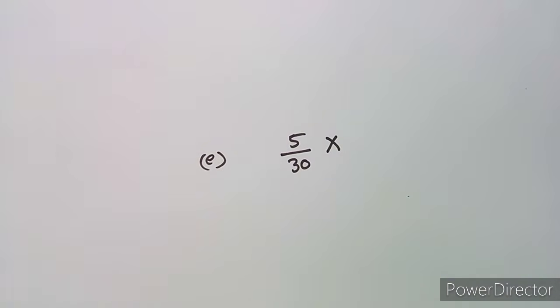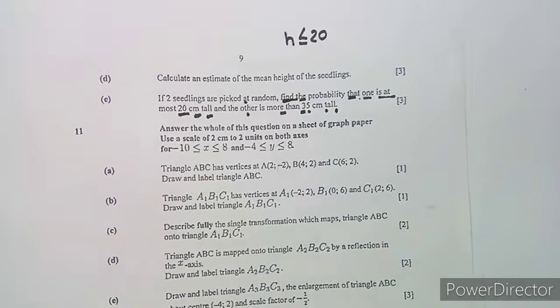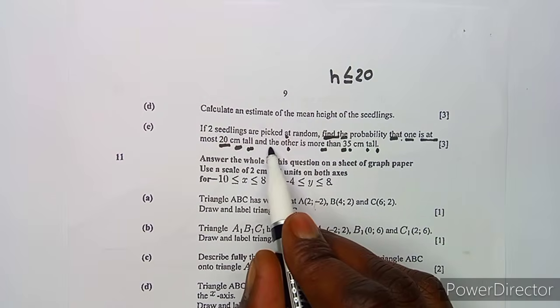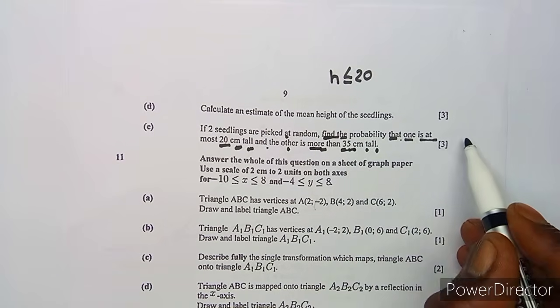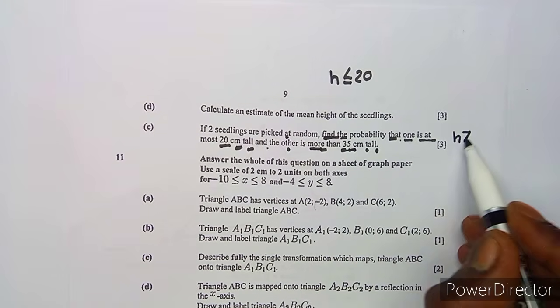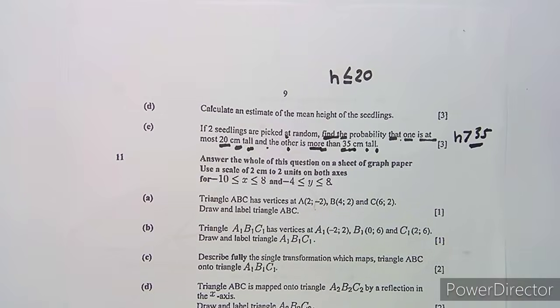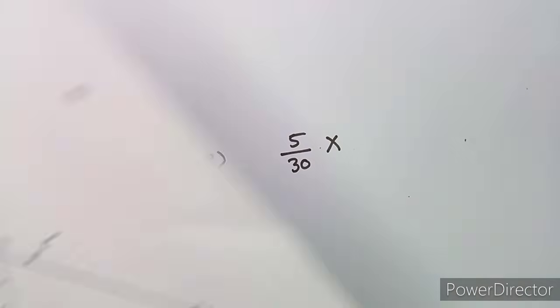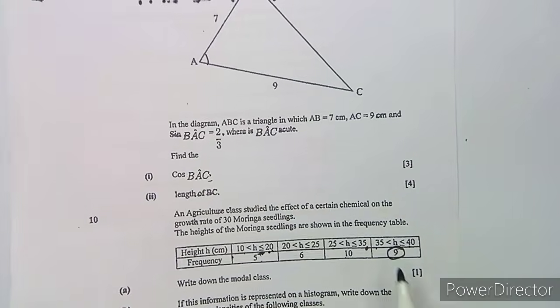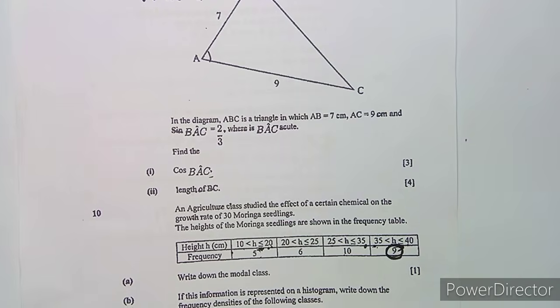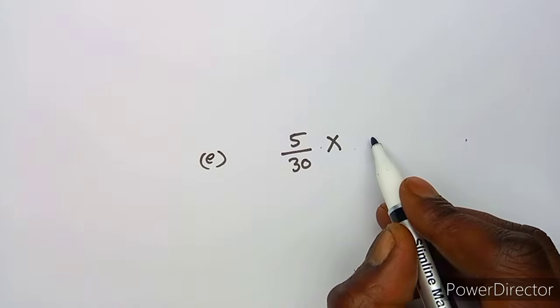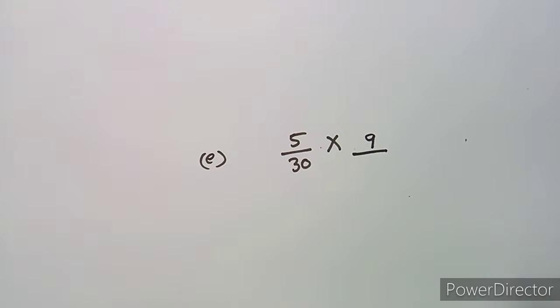You move on to the other one, which is more than 35 centimeters, which means h greater than 35. Where do we have h greater than 35? Here. And how many elements are there? It's 9. So this is going to give us 9 over the total.